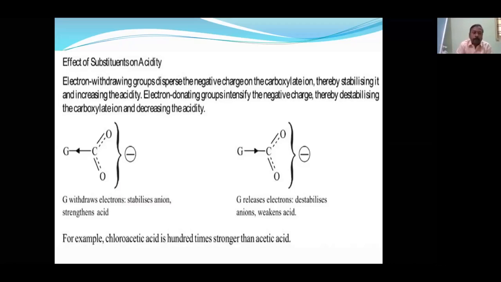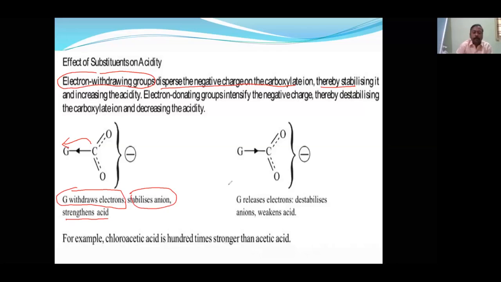Okay, so there are two types of group: electron withdrawing group. Electron withdrawing group disperses the negative charge on carboxylate ion, therefore stabilizing A. So see, this is taking out the electron from the carboxylate ion. Therefore, once it takes out the electron from the carboxylate ion, stability will increase, so acidic strength will increase.